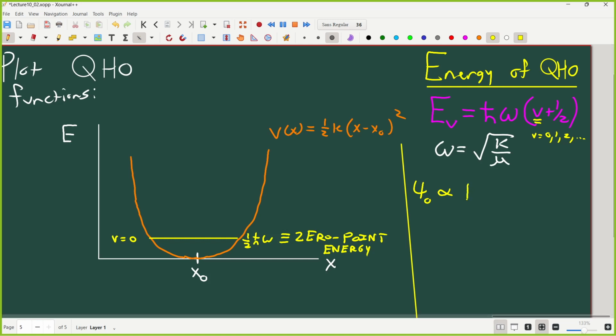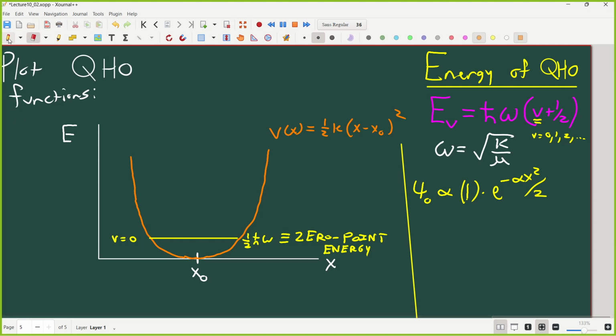The Hermite polynomial for v equals 0 is 1, just the number 1, times e to the minus alpha x squared over 2. So the wave function for the harmonic ground state just looks like this exponent. It just looks like a bell curve. It literally is a normal distribution.